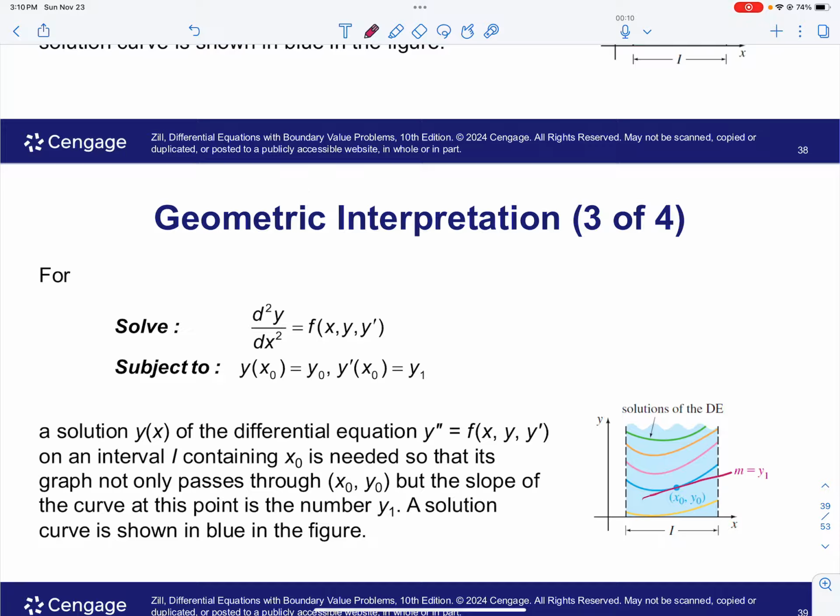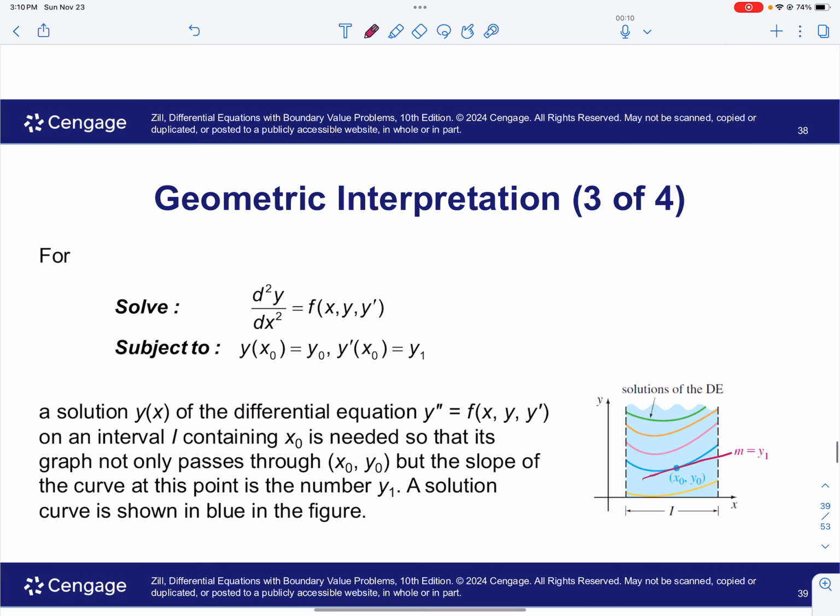For an nth order differential equation, if you want one solution, how many initial conditions should we have? N initial conditions. This is typically true.